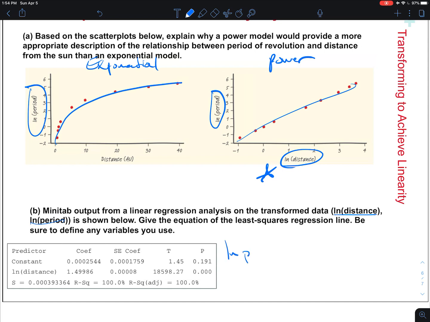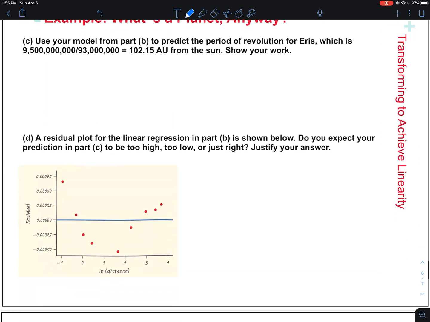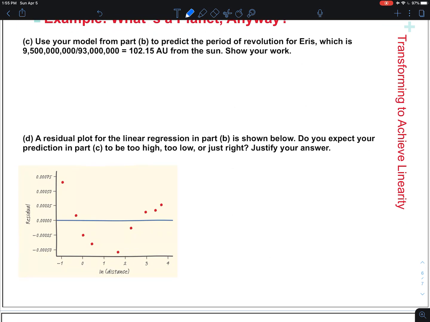So natural log period hat equals 0.0002544 plus 1.49986 log distance. Yikes. No hat on that one, not a prediction, but still it's been logged. So natural log distance there. Fair enough?